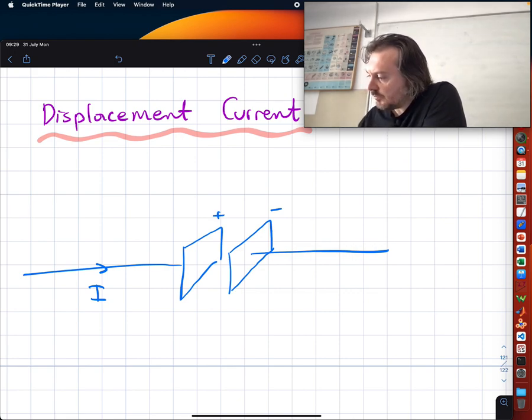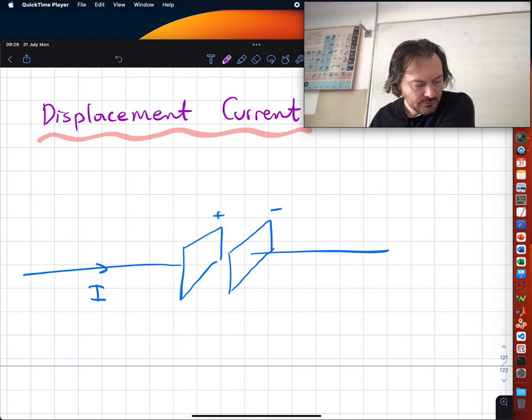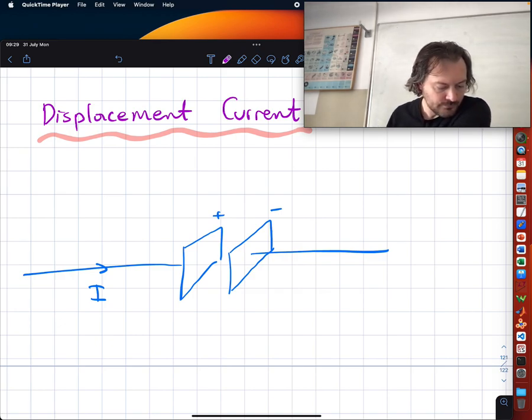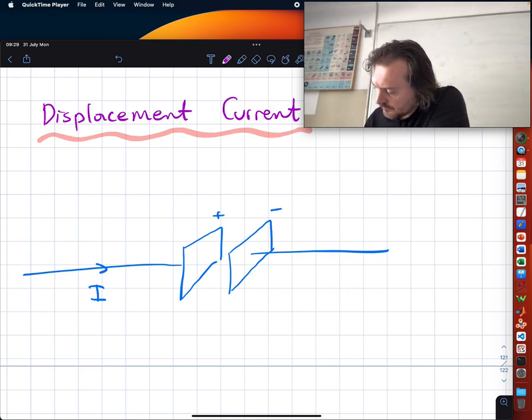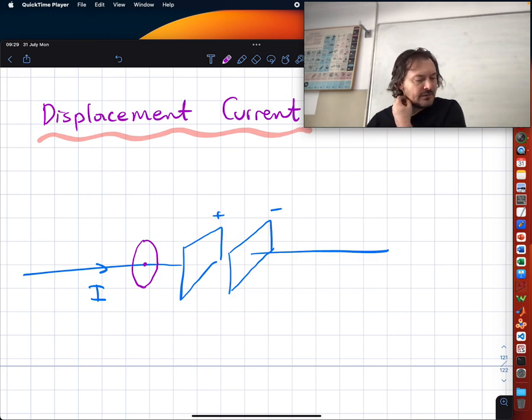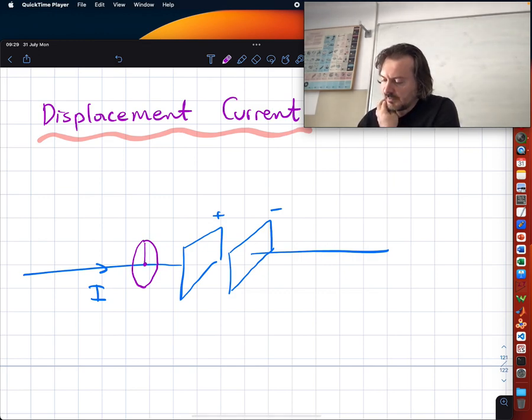So normally, we would apply Ampere's law over here, right? Normally we would say that at a distance r, let me draw it larger.